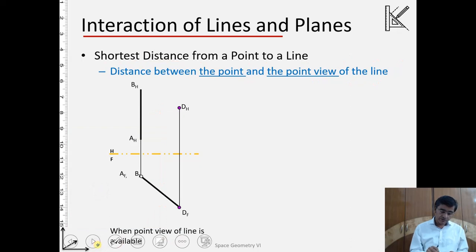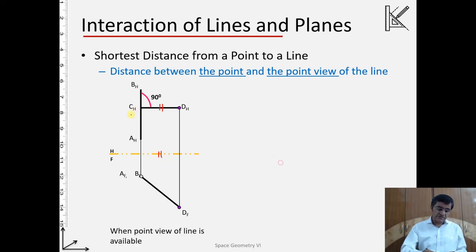Okay, so from the point, I have joined the point view of the line on the frontal projection. Okay, and this one is the true length. This is why it is parallel to the frontal plane. So we have the CH.